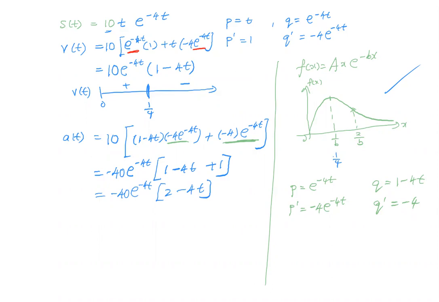So this is the inflection point. So I have my a(t) will be 0. Here is 2 over b, so it's half. Concave, convex.